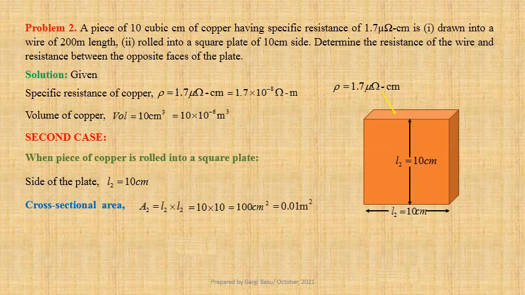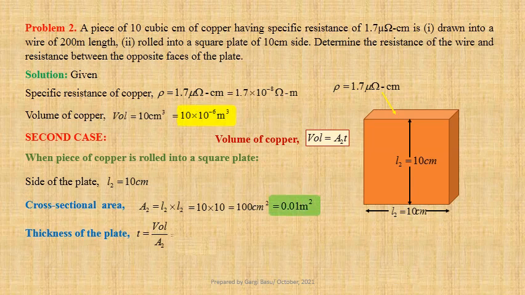In this case, volume of copper vol equals A2 into T. Therefore, thickness of the plate T equals vol divided by A2. Using values we get 10 into 10 to the power minus 6 divided by 0.01.